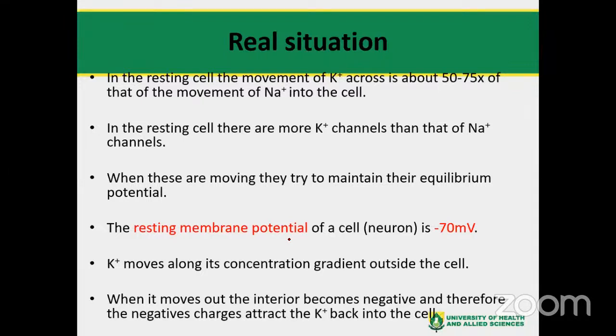So potassium is able to move out of the cell, and when it does, the inner part becomes negative. And because it's negative, it attracts the potassium back into the intracellular part. Then it moves out, it attracts, it moves out, and as it's moving out, it leaves the inner part negative.